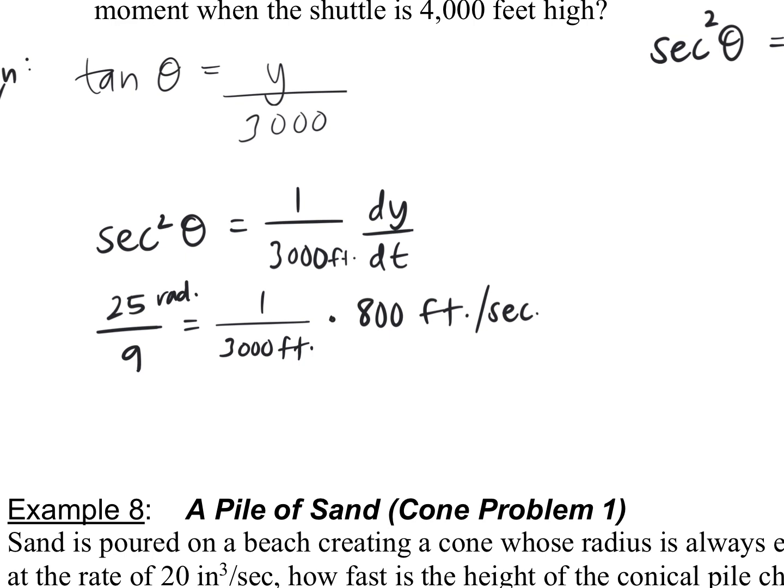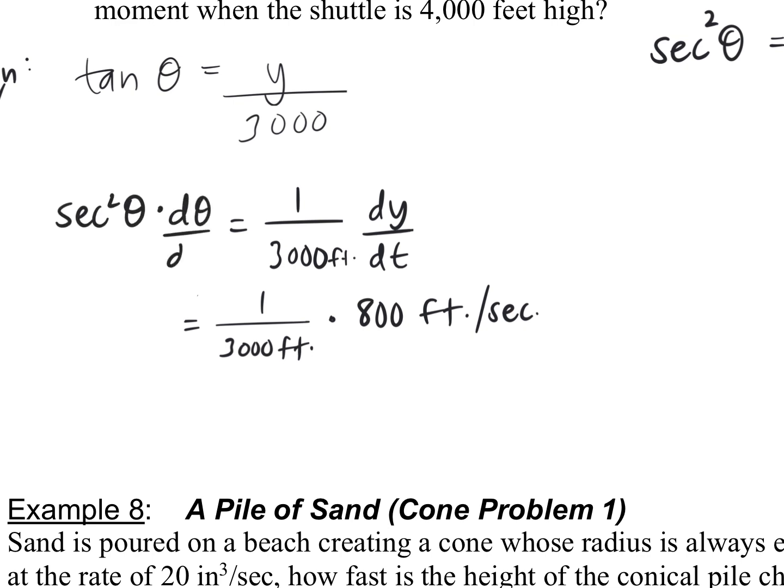Okay, and then I can go ahead and simplify this. Oh, I forgot my variable, you guys. I'm slacking. When I take the derivative of tangent, I have secant squared of theta, but then I also have d theta/dt. I forgot to take the derivative there. My bad, I'm so sorry.